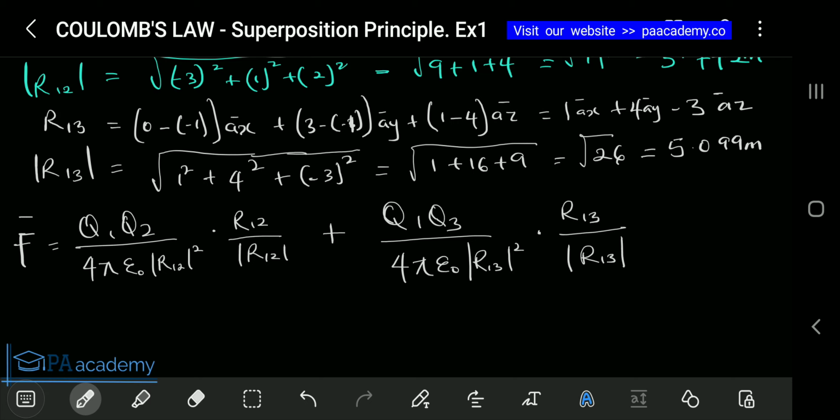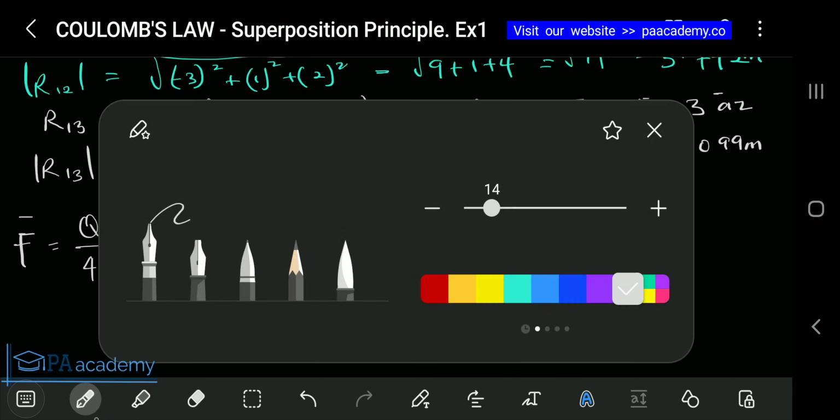Okay, all right, so that's the formula that we are to use.